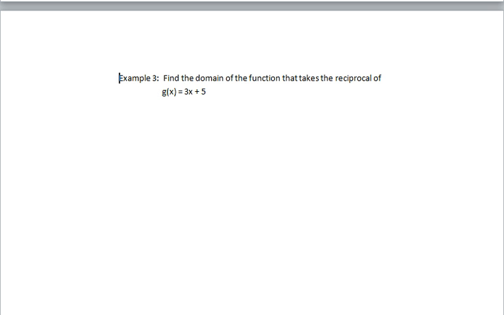Now we're going to find the domain of the function that takes the reciprocal of g of x equals 3x plus 5. So we start with x, we go to 3x plus 5, and from there we take the reciprocal of 3x plus 5.